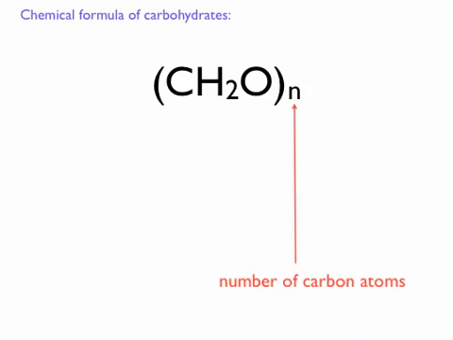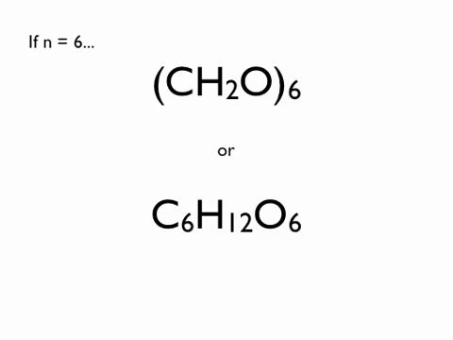What this means is that they have a special chemical formula, where N, in this example, equals the number of carbon atoms. So if N equals 6, then our chemical formula for a carbohydrate with 6 carbons is C6H12O6. This is the chemical formula for the carbohydrate that we call glucose.